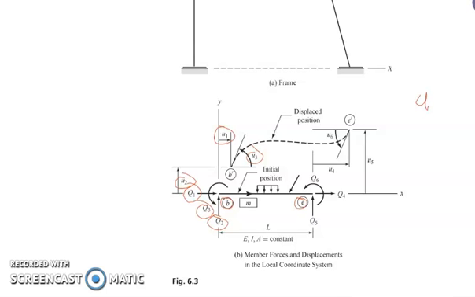At the end of the member, similar procedure. Along x, U sub 4, member end displacement along y, you have U sub 5, and member end displacement due to rotation is U sub 6.